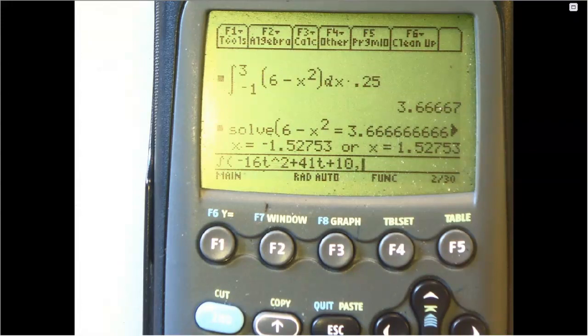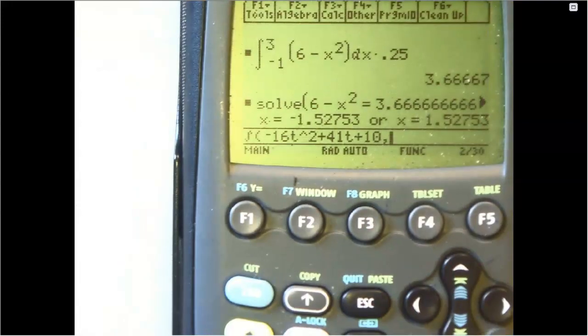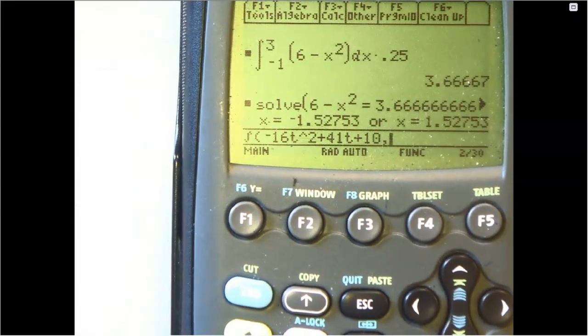Then I tell the calculator the variable. It'll give me a giant error if I put x right now. It has to be t, because I did it in t. If you did it in x's, put x. And then it was from 0 to 3.